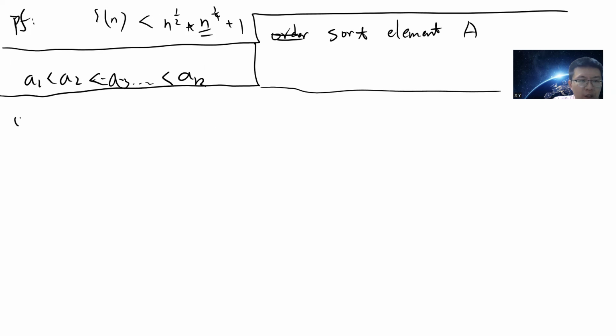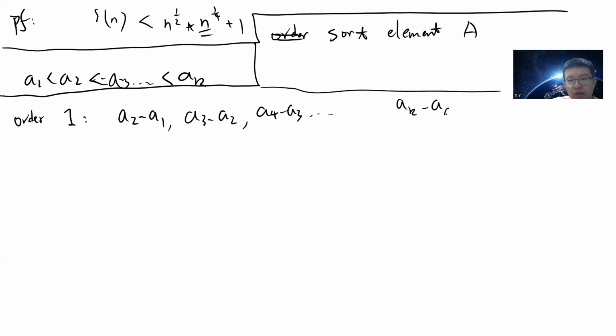So I call it order 1. Order 1 basically means that we only count the consecutive differences. So let me just write it out. The order 1 elements are A2 minus A1, A3 minus A2, A4 minus A3, up to AK minus A(K minus 1). So all these numbers I call order 1.